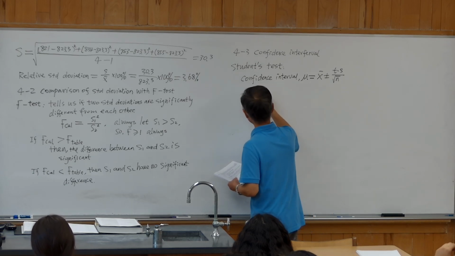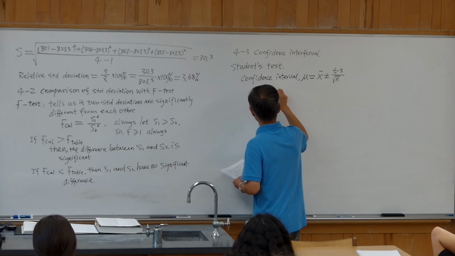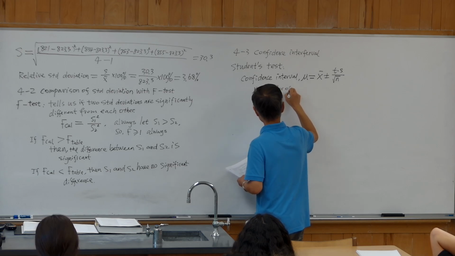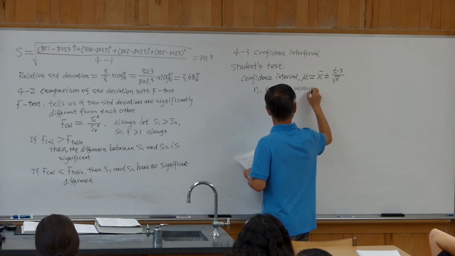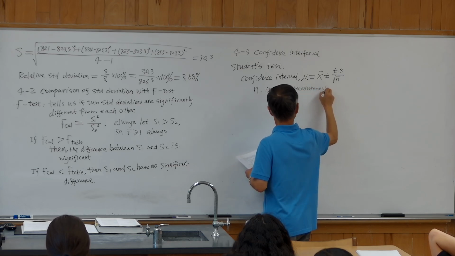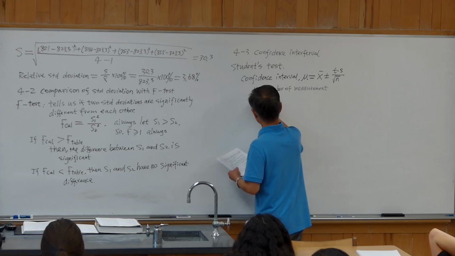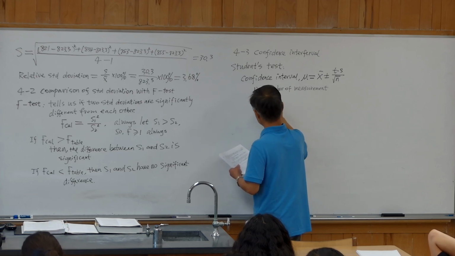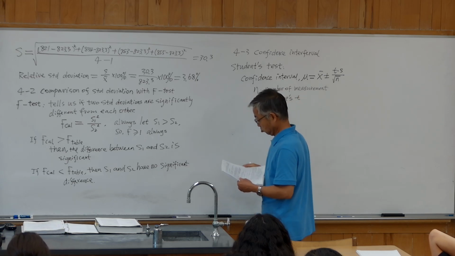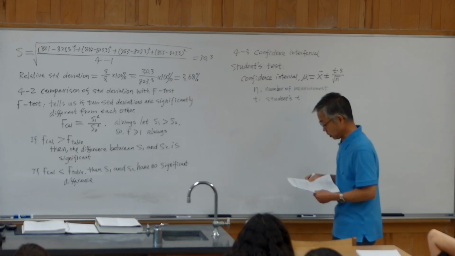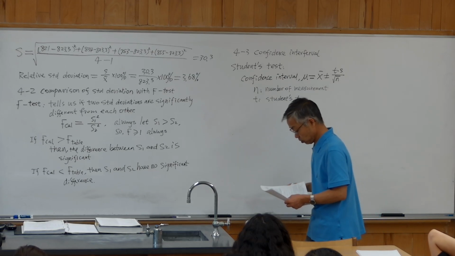Here, N is the number of measurements. T is a constant, the Student's t value. As I said, the value depends on confidence level and degree of freedom.